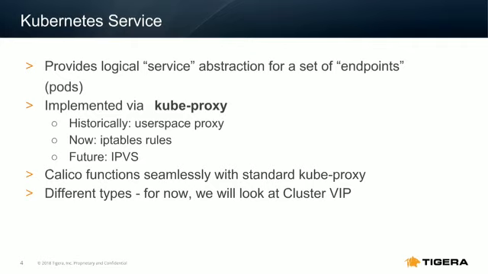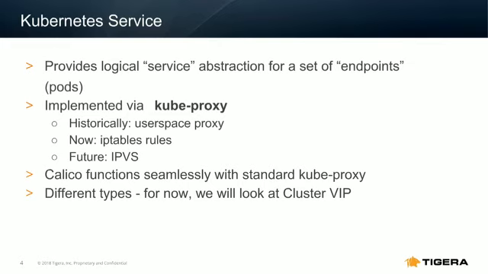Today, it's just IP tables rules, and that's moving to IPVS instead of IP tables. But an interesting thing here, unlike a lot of other network CNI plugins for Kubernetes, Calico functions seamlessly with standard kubeproxy. We don't make you replace it. We just work with kubeproxy.